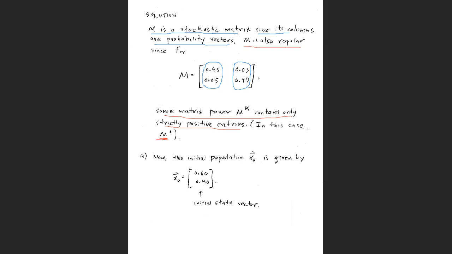Sometimes you could have something where you have like 0.2, 0.5, 0, and then maybe 0.6, 0.2, 0.2. Got to be careful here.